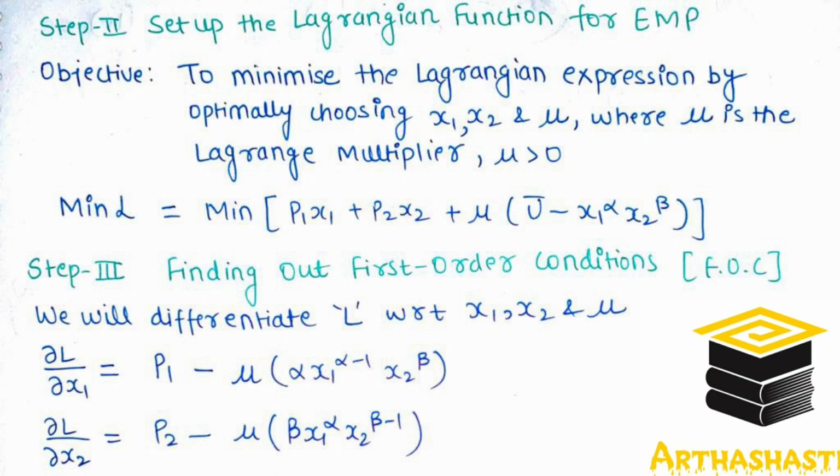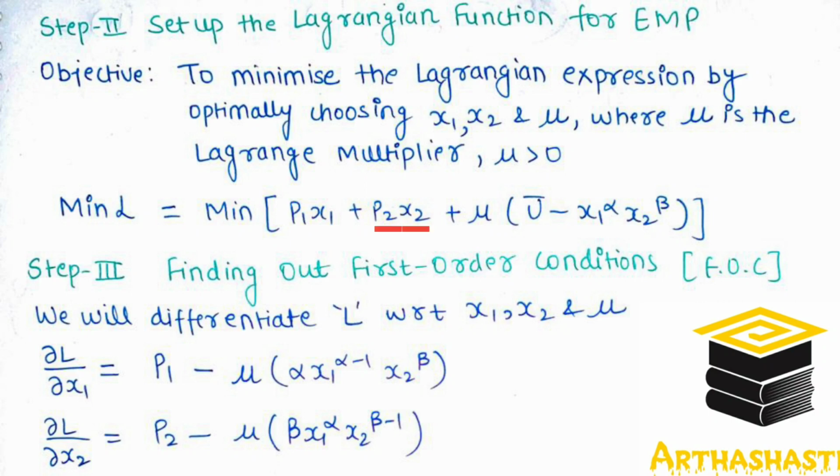Next step involves finding out the first order conditions. As we did, we are going to repeat the same process and we will find the derivatives. So differentiating p1 x1 with respect to x1, p1 being a constant, we will get p1 only, and differentiation of x1 with respect to x1 will become 1.